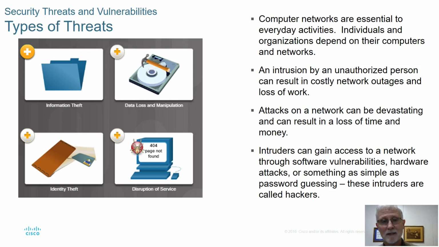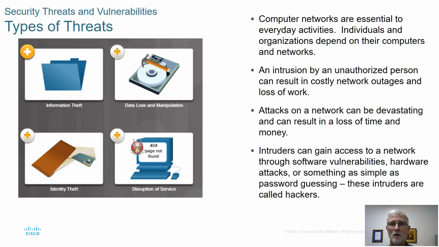Four, disrupting access to my network, disrupting the service. So we need to keep all those things under consideration. It's definitely essential because of how much we rely upon our networks and our computers in every aspect.